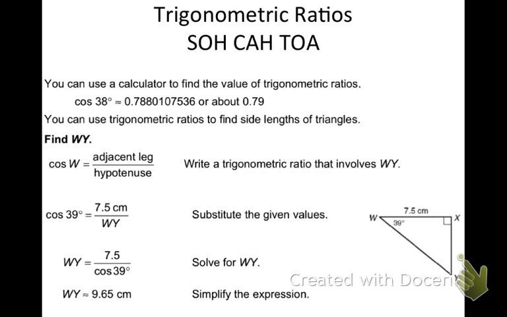You can use a calculator to find the value of the trigonometric ratios. For example, if you hit the cosine button followed by 38 and hit enter, you would get something that is approximately 0.79. Again, some of your calculators are different. Make sure you can find these functions. We're going to be working with them.